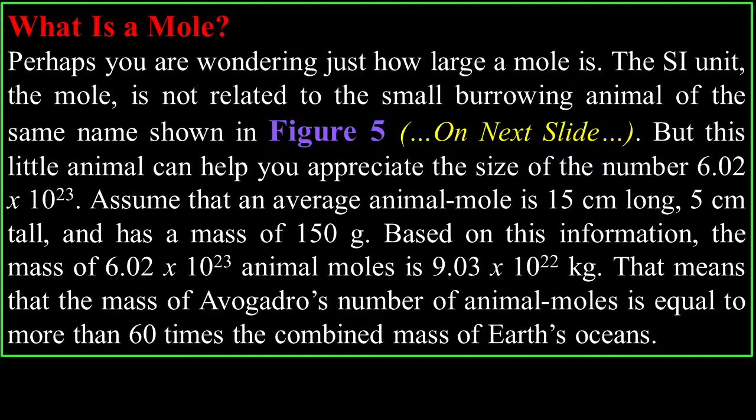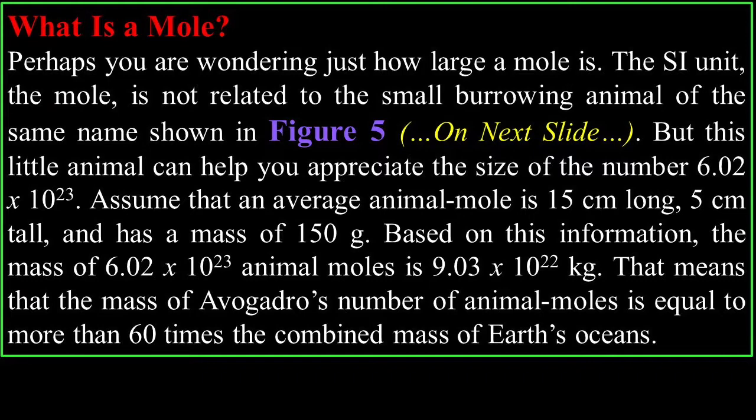Perhaps you are wondering just how large a mole is. Well, perhaps not. The SI unit, the mole, is not related to the small burrowing animal of the same name shown in Figure 5. But this little animal can help you appreciate the size of the number 6.02 times 10 to the 23rd.